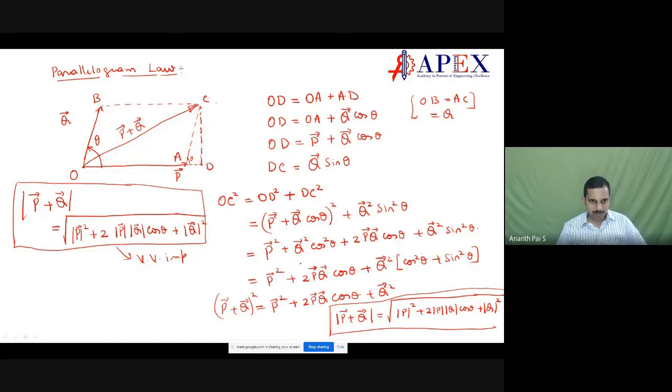This is a very good question that you have asked, and it has to be answered. The question is why. Actually, what we have to do is drop a perpendicular here. You have P here, and Q here.